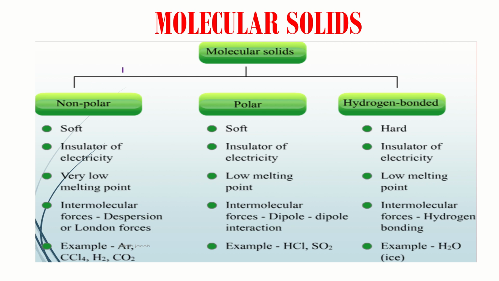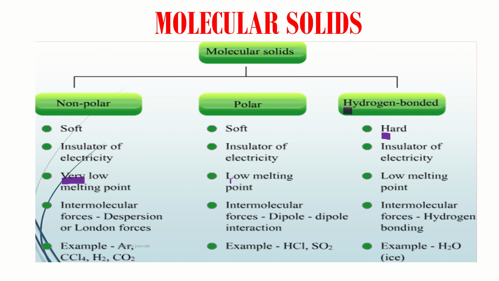Let's recall this once again. Molecular solids are of three types: non-polar, polar and hydrogen bonded. Non-polar ones are soft, polar ones are soft, hydrogen bonded ones are hard. All three are insulators of electricity. Non-polar has a very low melting point.